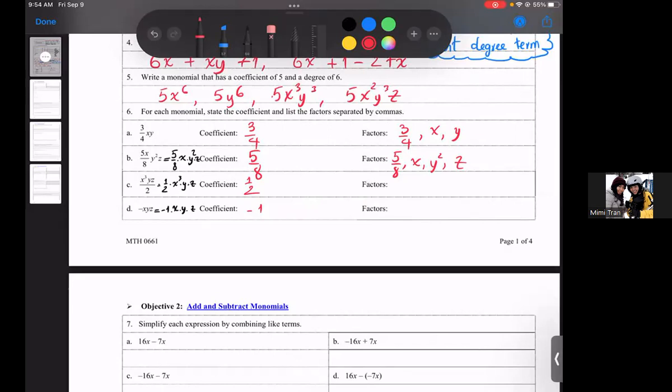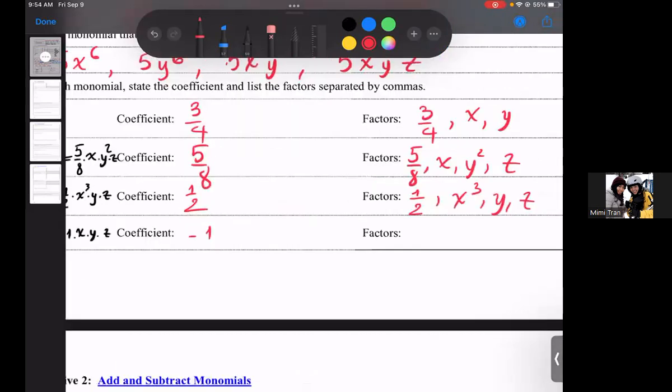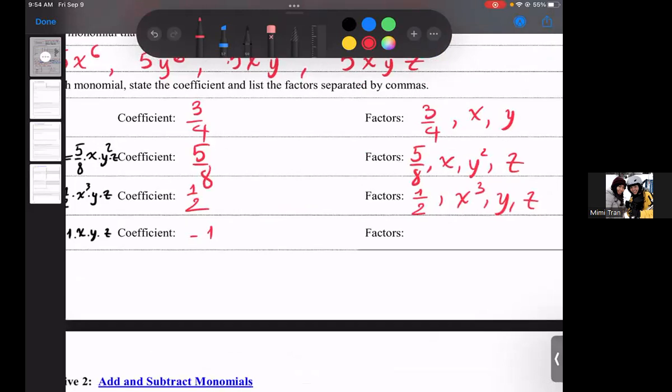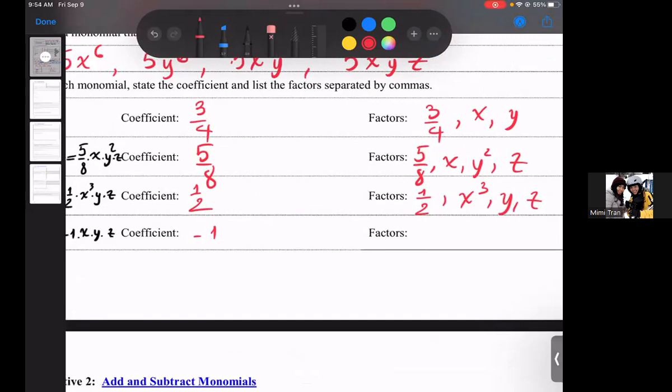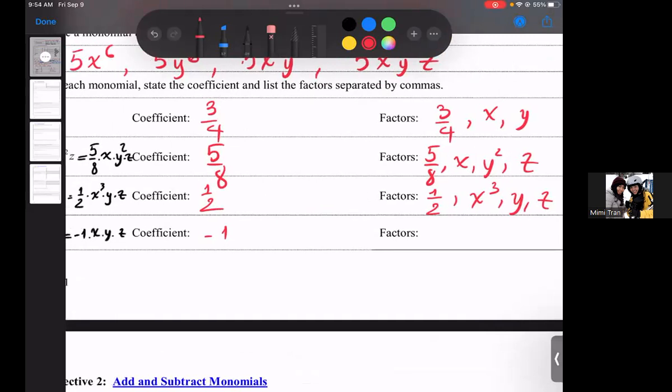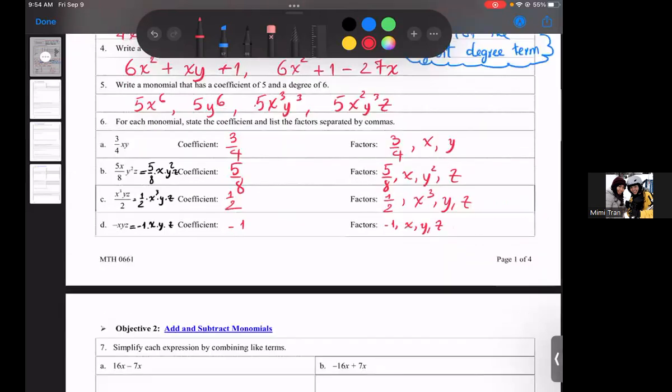What are the factors of C? 1/2, comma, x cubed, comma, y, comma, z. What are the factors for the last one? -1, comma, x, comma, y, comma, z. Everybody, don't forget, every one is a factor. All you do is put a comma between them.